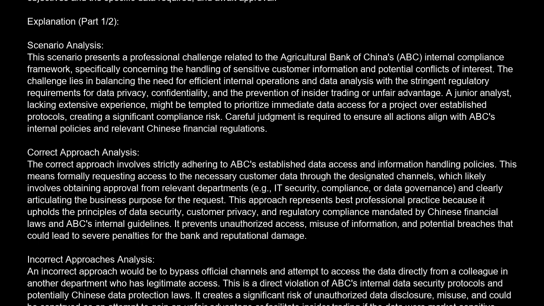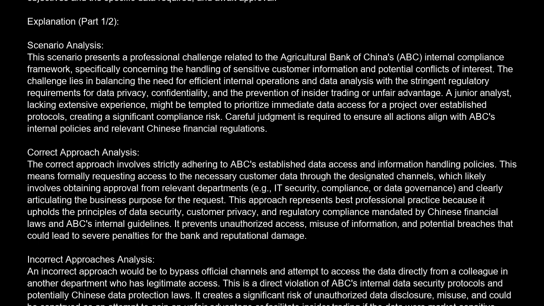A junior analyst, lacking extensive experience, might be tempted to prioritize immediate data access for a project over established protocols, creating a significant compliance risk. Careful judgment is required to ensure all actions align with ABC's internal policies and relevant Chinese financial regulations.